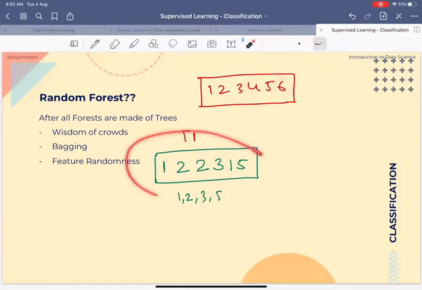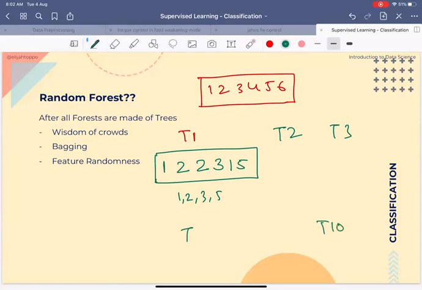So when this happens, my tree T1 will create a different kind of structure. It will not be the same decision tree like the first case. Okay. So like this, I have tree 1, I will have tree 2, I'll make tree 3 and so on. And at the end, let's say I will have 10 trees. These 10 trees will have different structures, and their different structure depends upon what sample they have chosen.